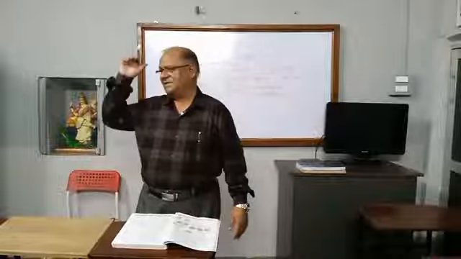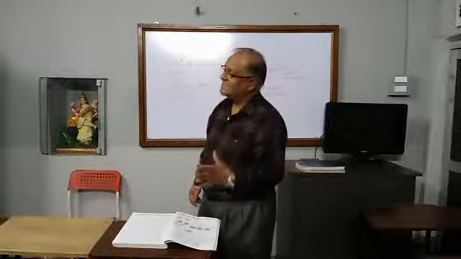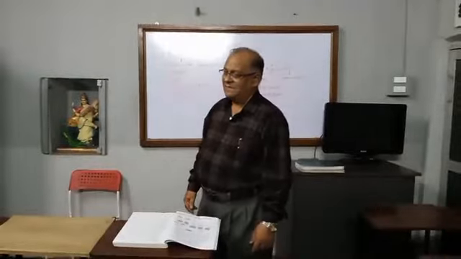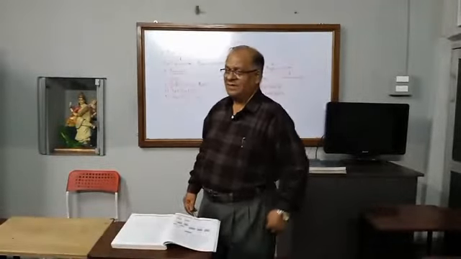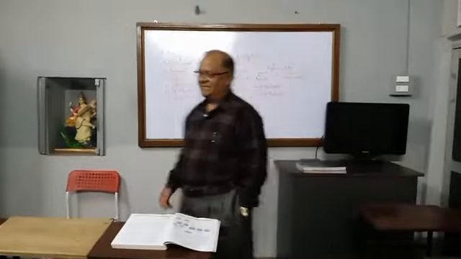And nominal account: all the expenses, losses, incomes, gains. Salary, wages, commission, brokerage, discount, rent all come under the category of nominal account. So this is the classification of accounts. Got it?